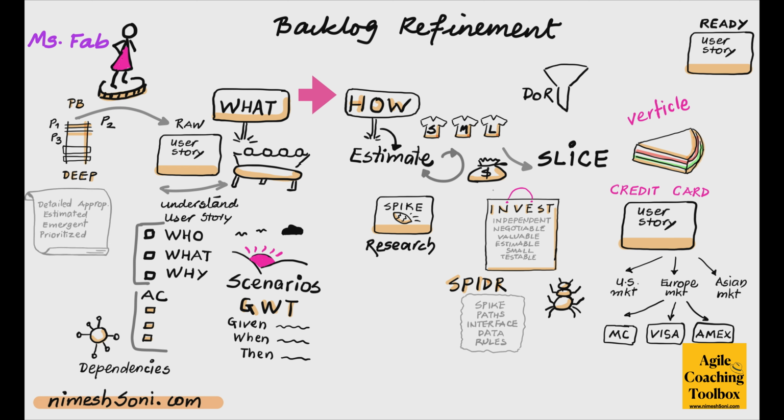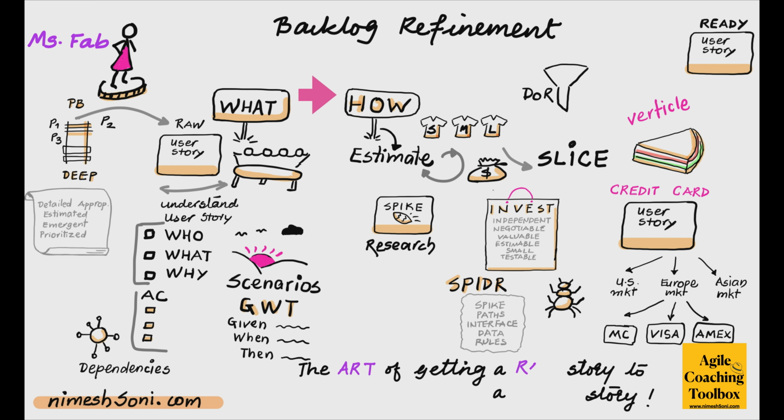Now remember, initially Ms. Fab prioritized the story and brought that raw story into this session. Through all this conversation and collaboration between the team and the product owner, as well as other conversations among the team members, we have brought this raw story all the way to it being a ready story.